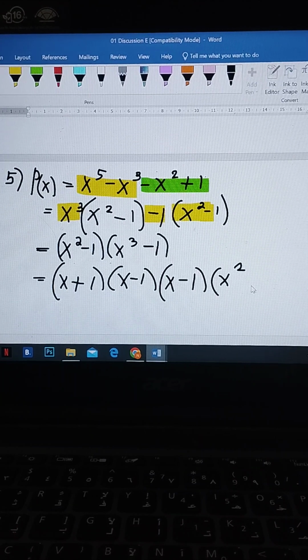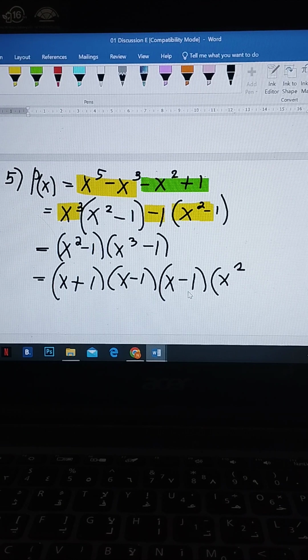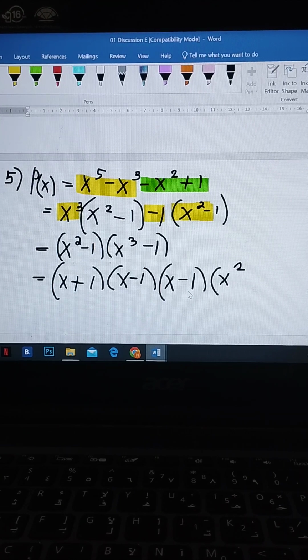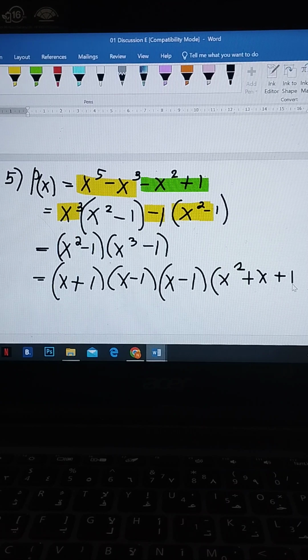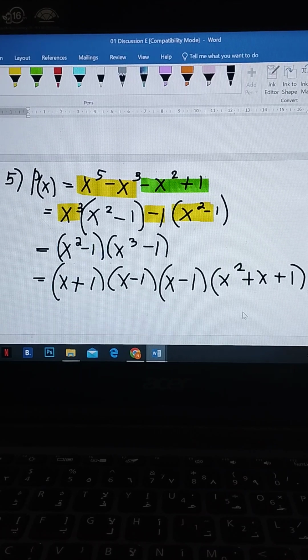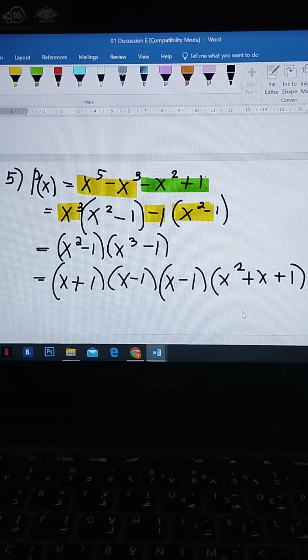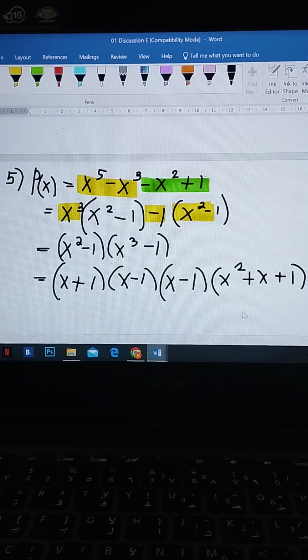The product x times negative 1 is negative x, so just get the opposite, which is plus x. Then square negative 1, which equals 1. Okay, so this is now the complete factorization of the polynomial.